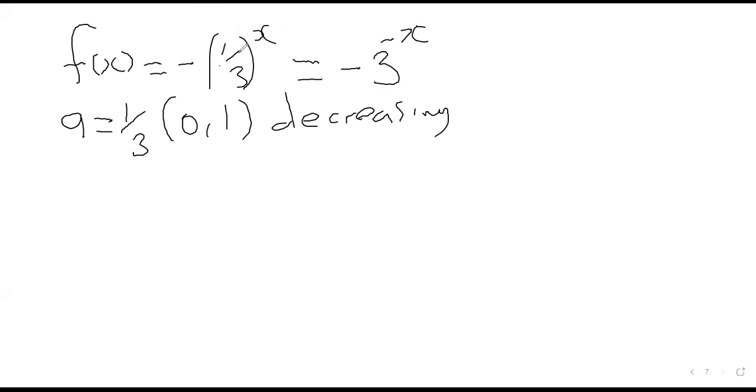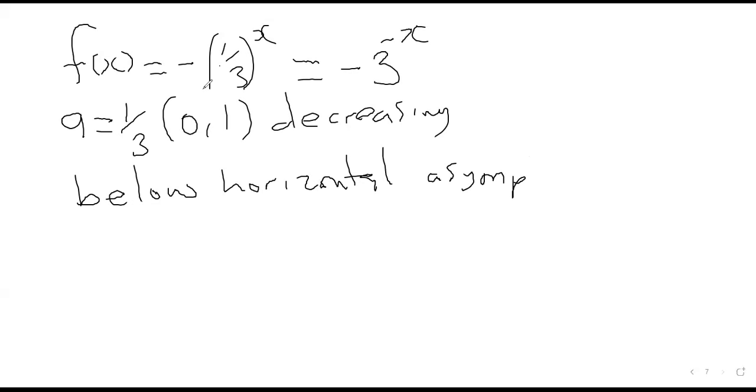It is going to be below the horizontal asymptote because of the negative. And then what else do we need to know? What is the horizontal asymptote itself? The horizontal asymptote is y equals to 0.